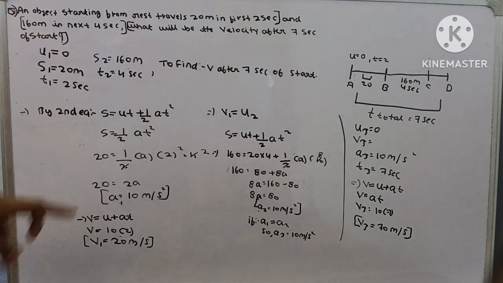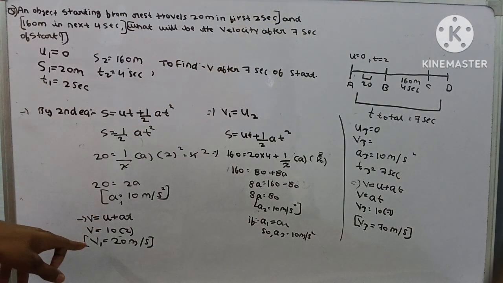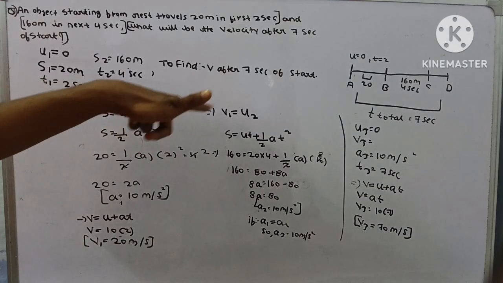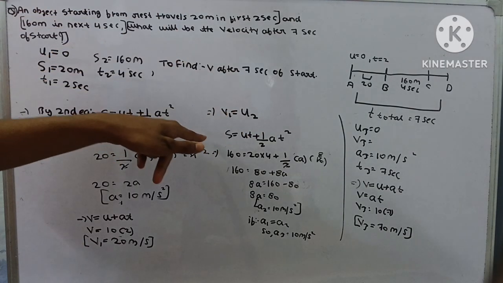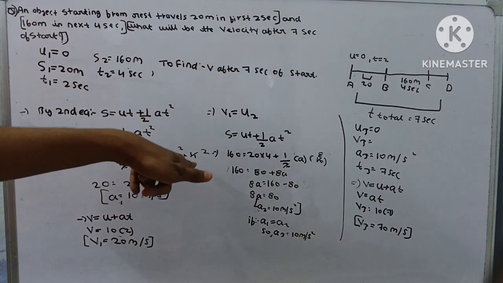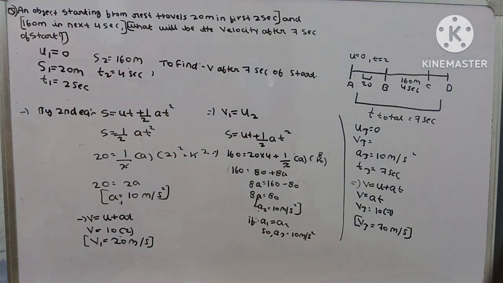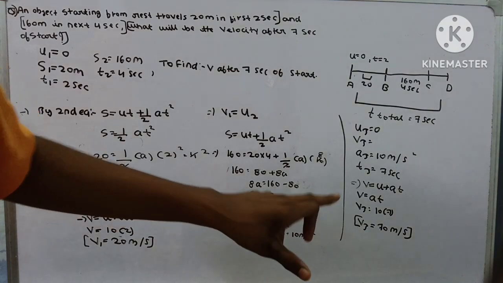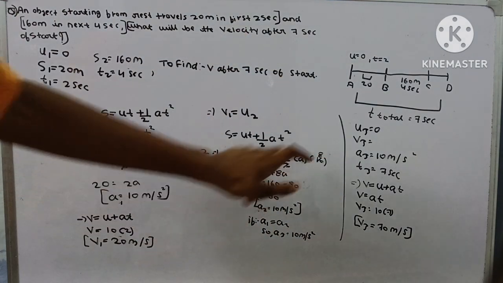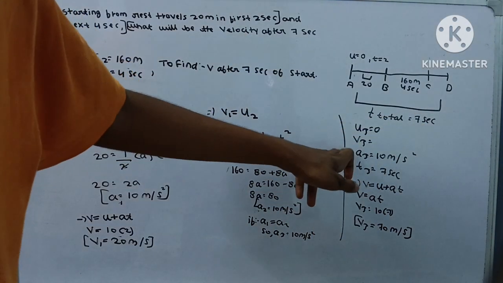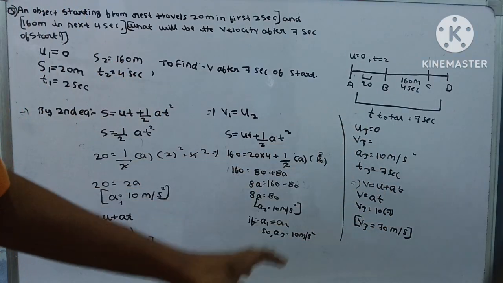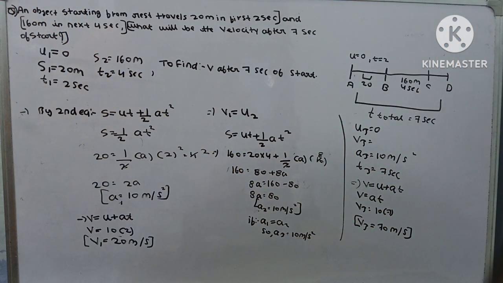So we found a1, and by a1 we found v1, and by v1 we can say that v1 is also u2, and by u2 we can say that s equals half a t square, and we found a2. Since a1 is equal to a2, a3 is equal to 10 meter per second square. Now we have u3 is 0, v3 you have to find, a3 is 10, t3 is 7, and by the first equation we can say that v3 is 70 meter per second, right?